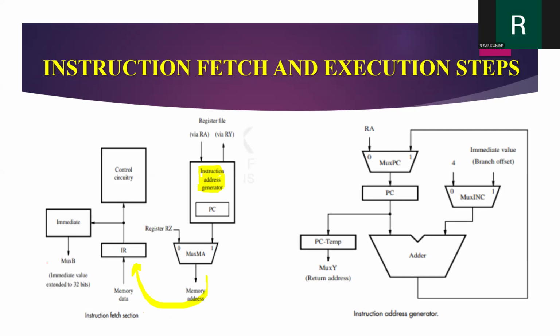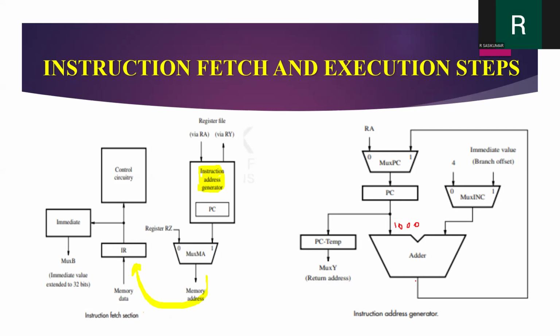The address will be incremented whenever the instruction is moved on to IR, then the program counter will be incremented by 4 automatically. For example, the starting address is 1000, and in that starting address we have one instruction, for example an add instruction. That instruction is moved on to IR.